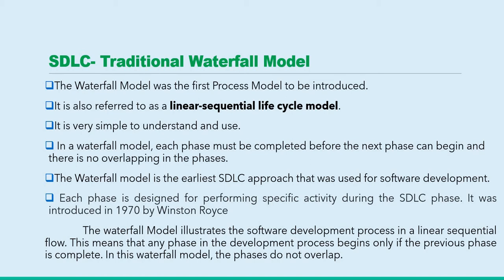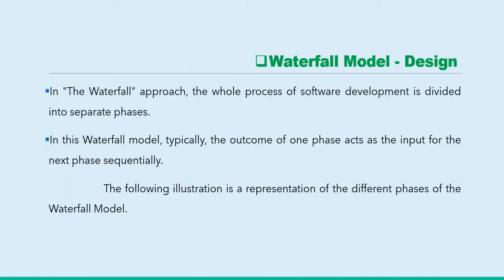Alright. This means that one phase in the development process begins only if the previous phase is complete. In this waterfall model, the phases do not overlap, right? In the waterfall approach, the whole process of software development is divided into separate phases. Typically, the outcome of one phase acts as the input for the next phase sequentially.